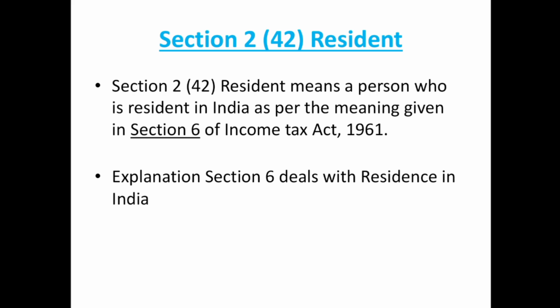Other than individuals and HUFs, a firm, a limited liability partnership firm, a partnership firm, an association of persons, or a body of individuals or company would be classified under two categories, that is, two scenarios: resident and non-resident.